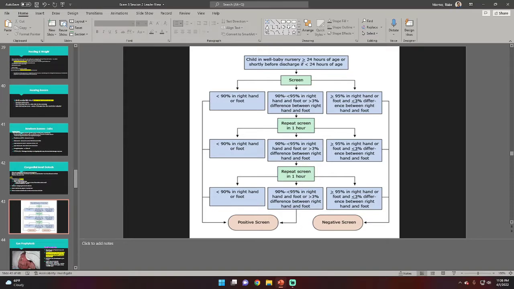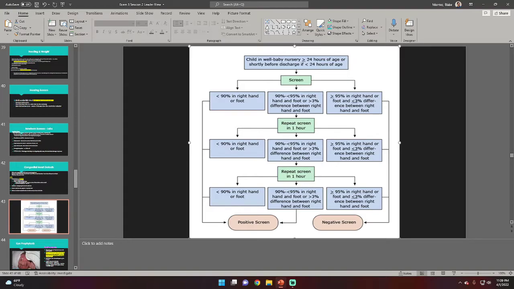Less than 90% on the right hand or foot would always go to the positive screen, being that we need to consult cardiac. If it's more than 90% in the right hand or foot and a less than 3% difference between the right hand and right foot, less than 3% is a good thing, so that would be a negative screen.